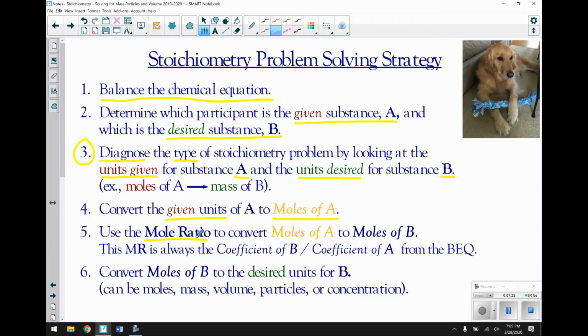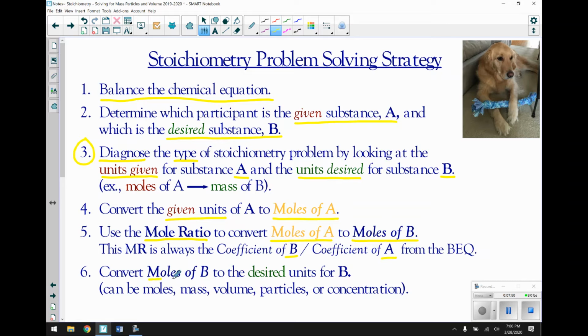Because as we saw in the previous example, the mole ratio allows you to shift your problem from being in terms of substance A to being in terms of the amount of substance B, which is what we desire to calculate. Remember, the mole ratio is always the coefficient of B over the coefficient of A from the balanced equation.